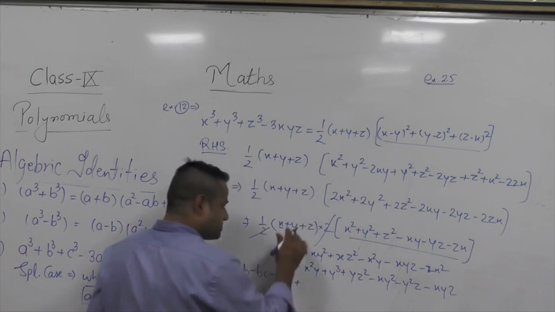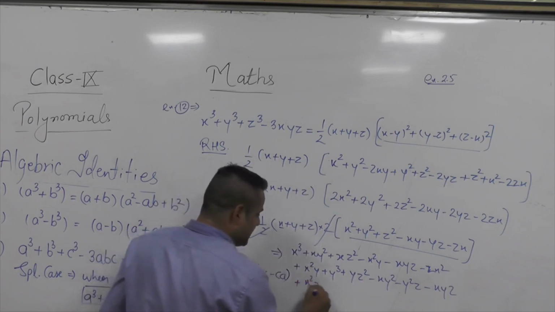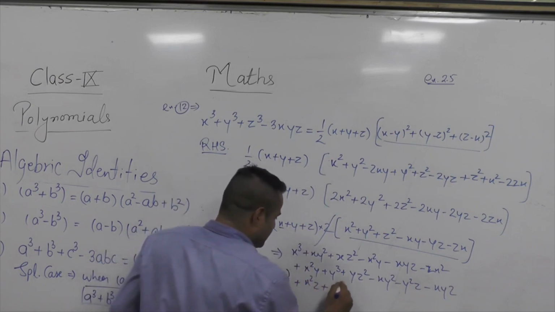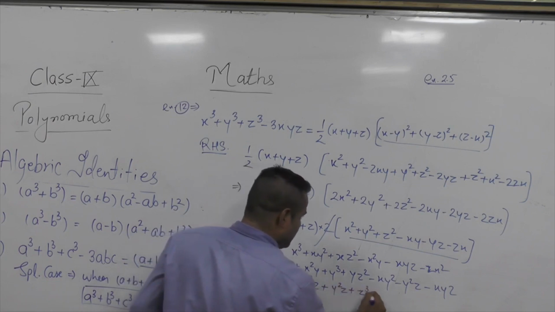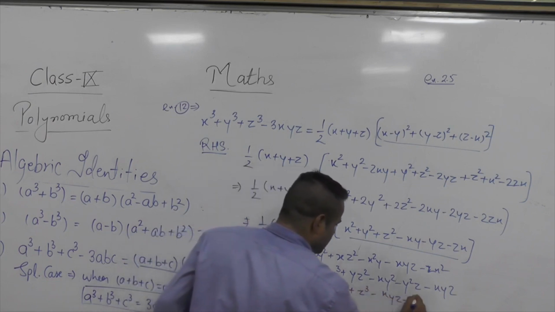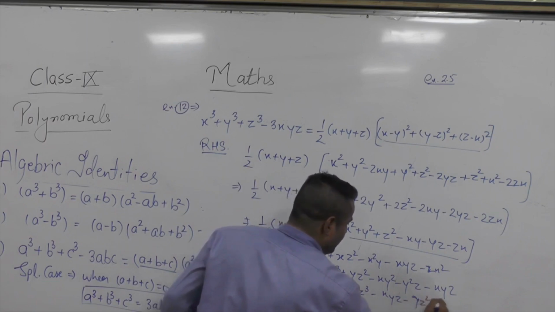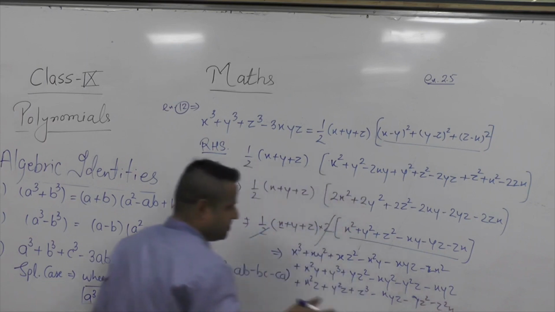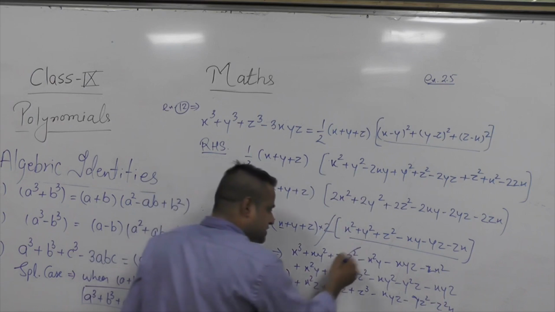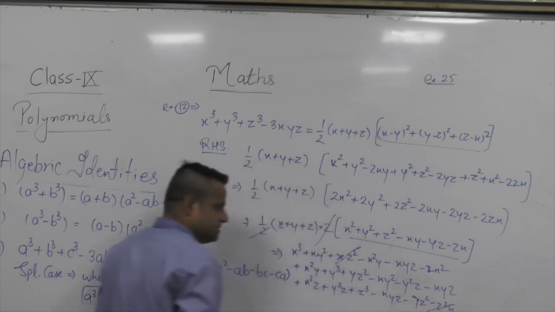Then again with the z, x square z plus y square z plus z cube minus xyz minus yz square minus z square x. Now see, simply xz square and z square x will get cancelled.